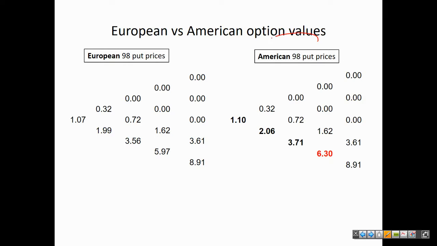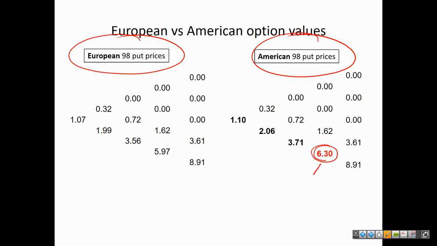Here we have the American put price tree compared with the European put price tree. What we can see is that just based on the fact that only here there is early exercise, clearly when I go backwards, all the values here are going to be larger than the corresponding values of the European.